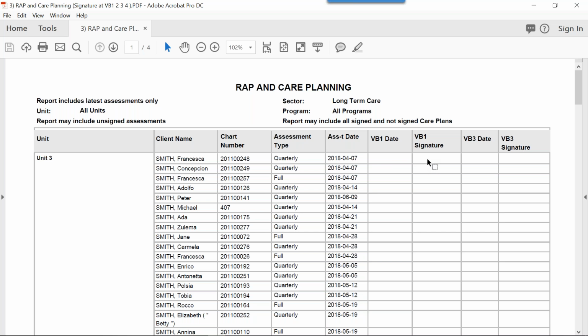It gives you the signature of the person who signed it off. And then for the care plan date, the care plan was agreed to, and then who signed off that as well. Okay, so very similar report, a little more detail on the assessment dates and the actual date that things were signed off.